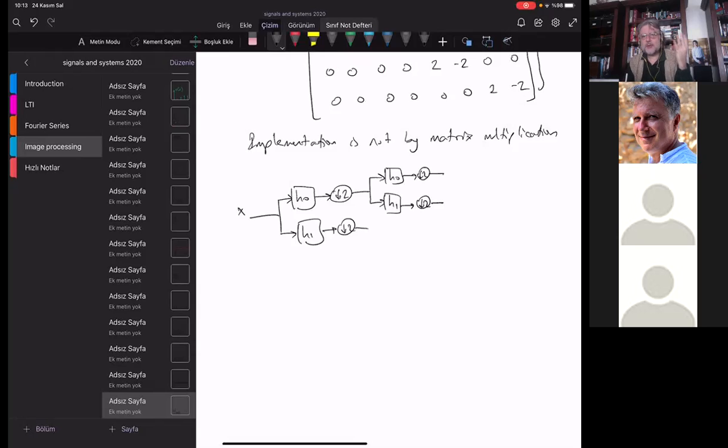Repeat those 4 values and make it a periodic sequence. X is periodic by 4. If you filter it with something, the filter output will also be periodic by 4. That's linearity. And then you downsample. When you downsample something periodic by 4, it makes it periodic by 2, okay?